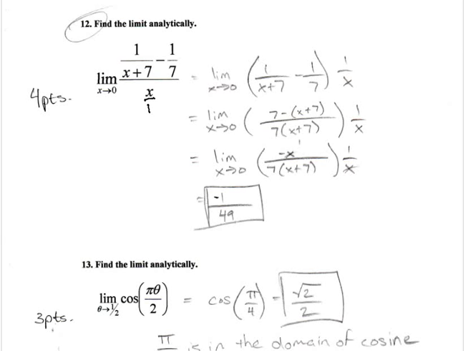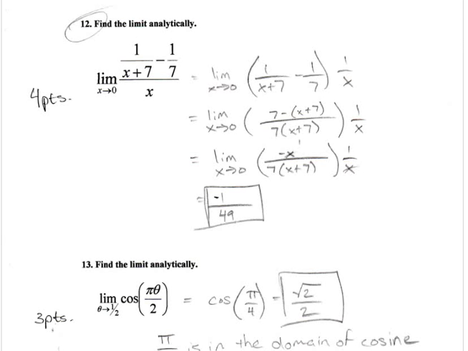So instead of dividing this quantity by x, we can multiply it by the reciprocal of x, which is 1 over x. Another way of thinking about it is that a lot of times we'll just say we take out a 1 over x from this. But that's the underlying logic behind it.